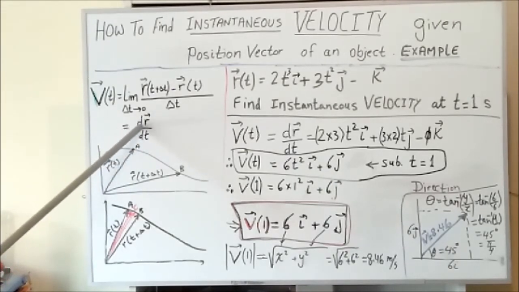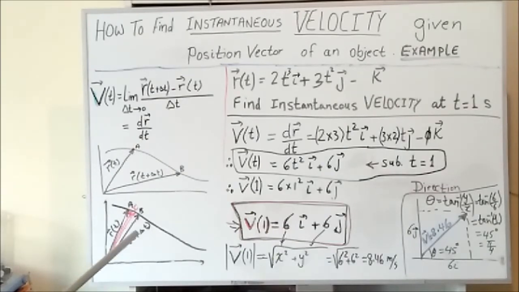So this expression gives you the instantaneous velocity. So remember now, instantaneous velocity is the derivative of the position vector with respect to time. We say we differentiate, because d is for differential, a small change in time.